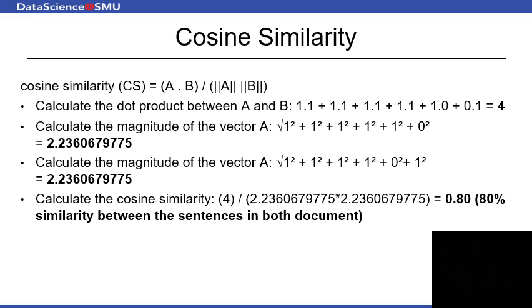Here you can see we take the dot product of the vector A and the vector B, getting 4, calculating the magnitude of vector A and also B, since they are the same, they're both equal to 2.23, and then you take the dot product divided by the two magnitudes multiplied by each other to get to an 80% similarity between the sentences in both documents.